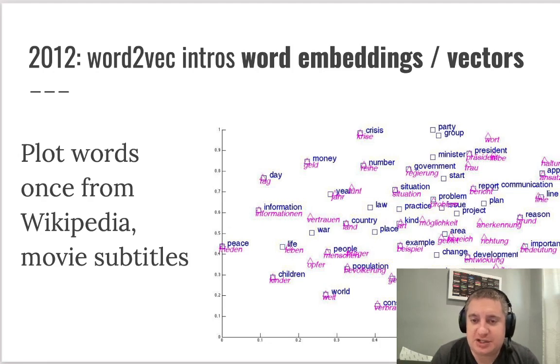And so in the center top of this map here, you'll see that government, minister, party, president all appear kind of in a cluster. So those words are related to each other. In the actual model of that, and actually word vectors that are used today, there are hundreds of dimensions.